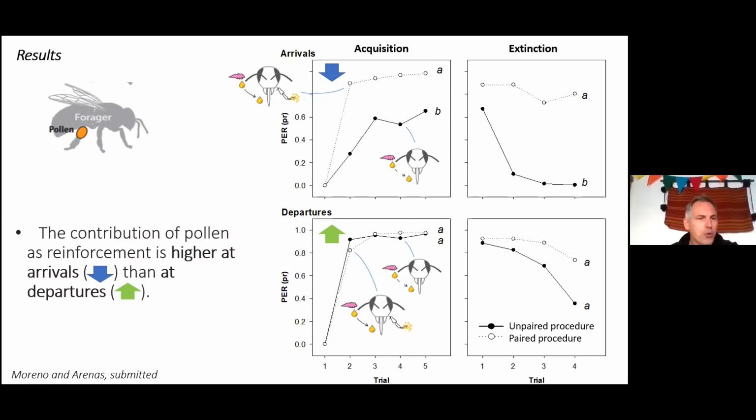This suggests that the contribution of pollen as reinforcement during learning is higher in bees arriving at the feeder than in those departing the feeder.